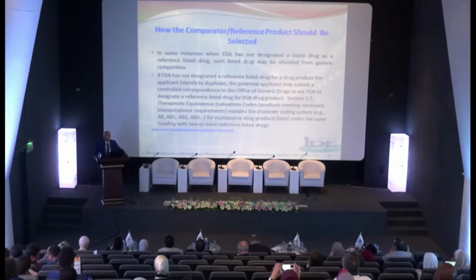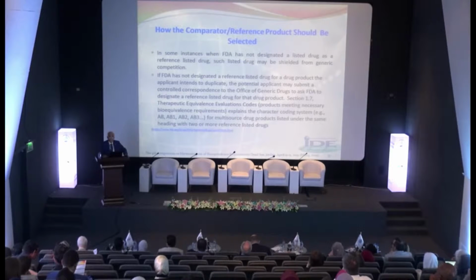How should the reference product be selected? Let's give some other information. In some instances, when FDA has not designated a listed drug as a reference listed drug, such listed drug may be shielded from generic competition.